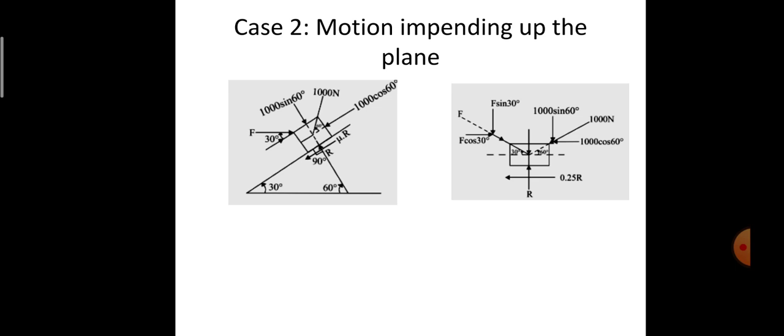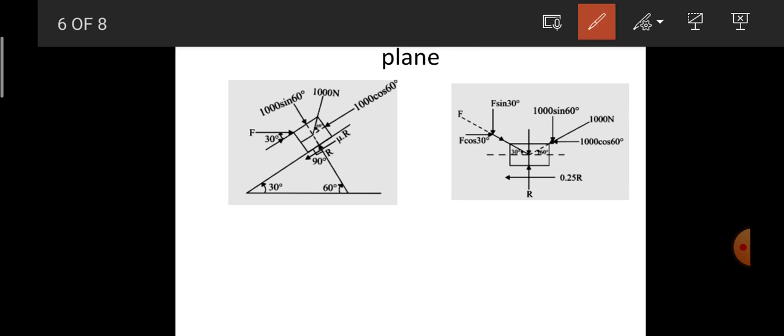All the things are the same, but here we take the motion trend to be in the upward direction. If the motion trend is upward, the frictional force will be in the downward direction, that is mu times R is in the downward direction. This is the free body diagram for this.